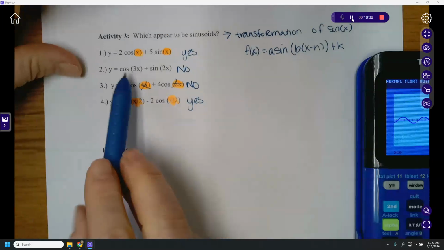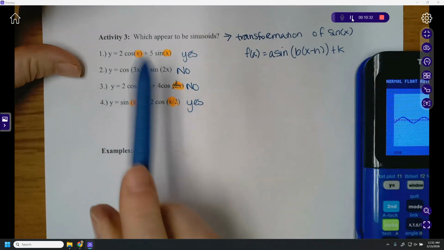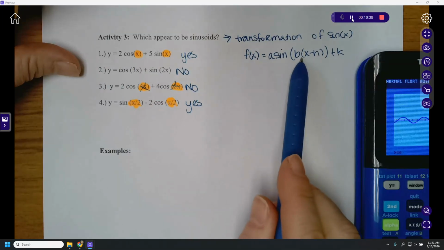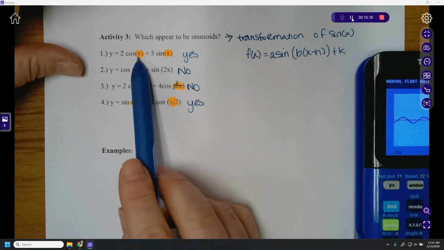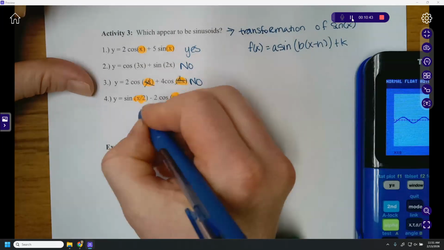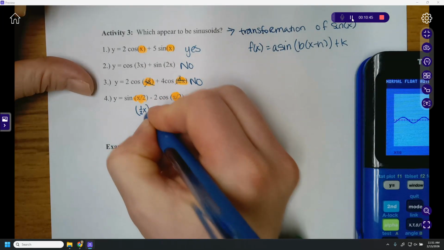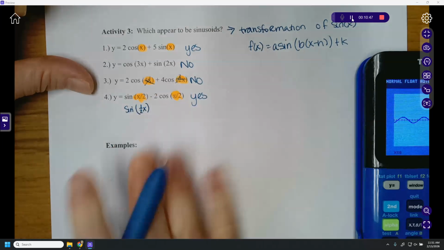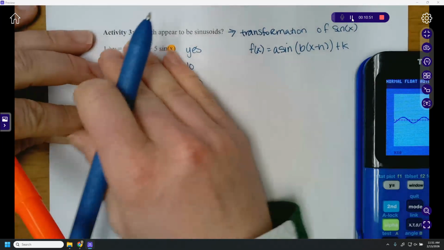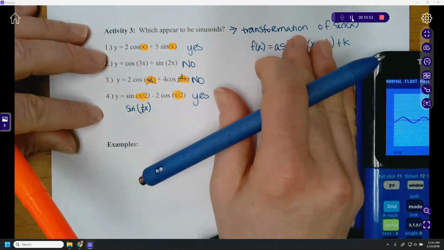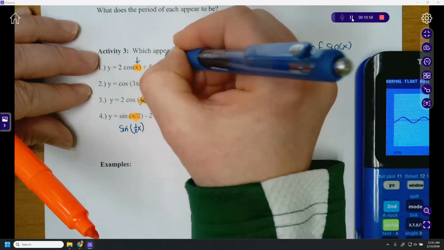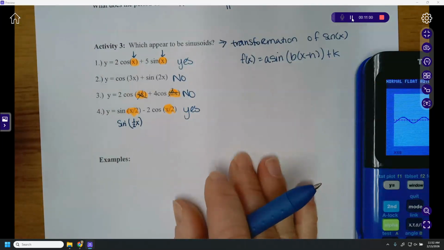It doesn't matter if the functions themselves are the same function, but the b value, what's inside or next to x, has to be consistent. Like on this one, b is 1. In number 4, x over 2 is the same thing as 1/2 x. And so b is 1/2. In order for something, when we add it together, a cosine and a sine curve, to be still a sinusoid, still a sine curve, that is the key feature, that the b values have to be the same.